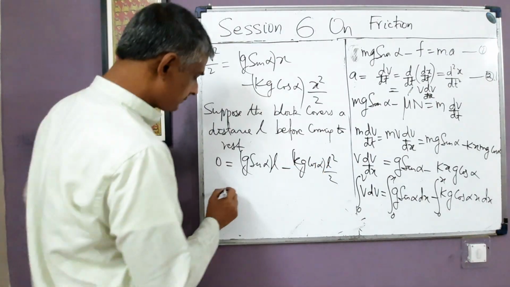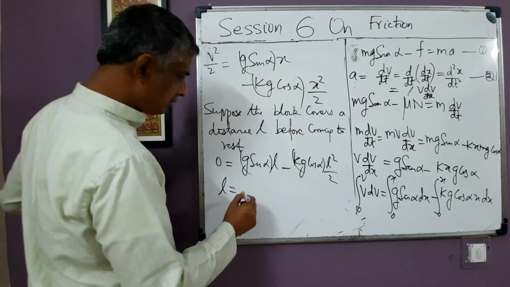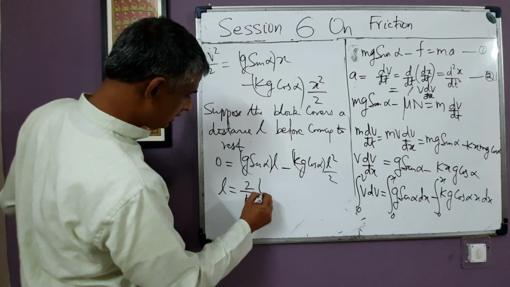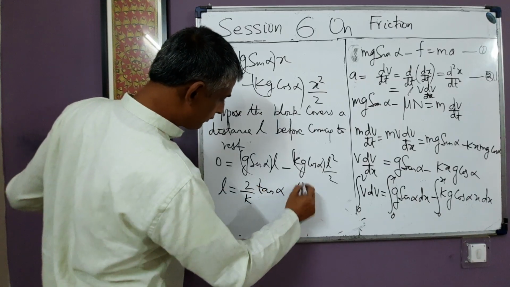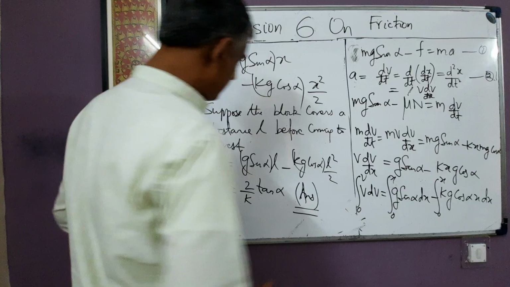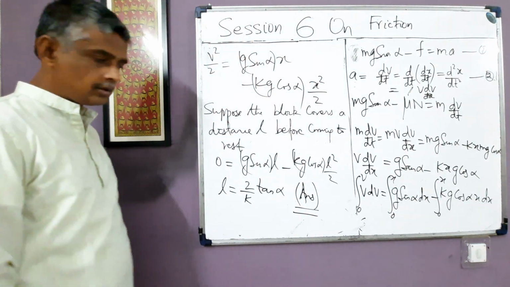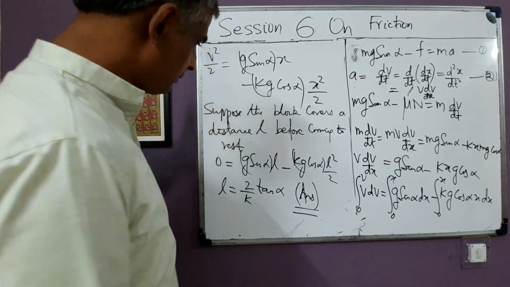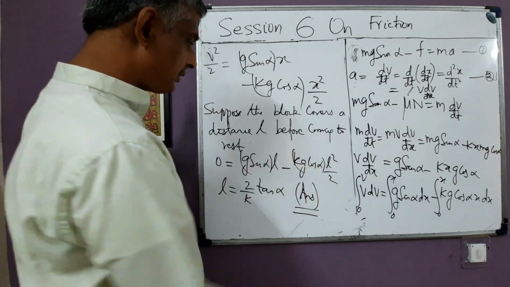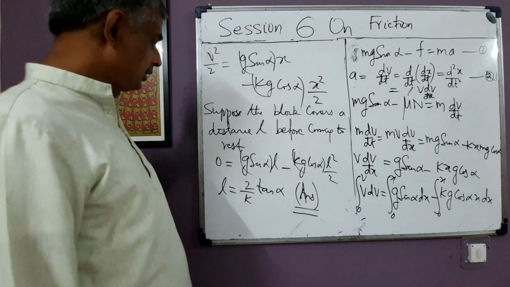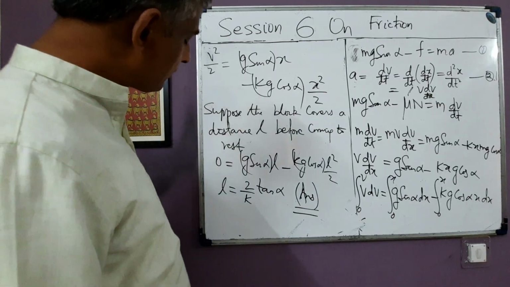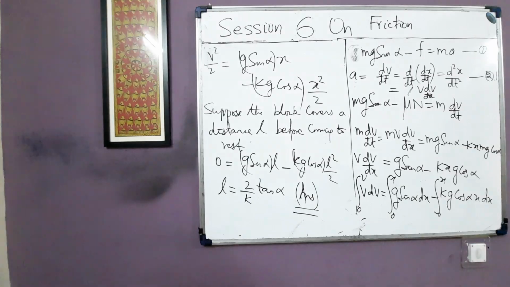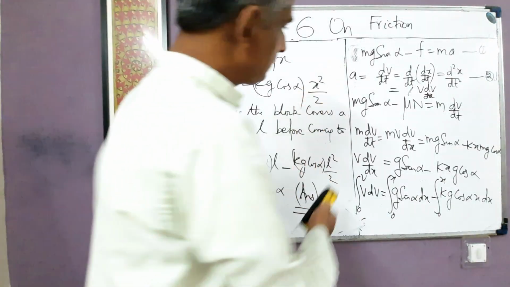Now one L goes away, g also goes away. So L becomes 2 by k tan alpha. So the total distance L covered by the block before coming to rest is 2 by k sin alpha by cos alpha, that is 2 by k tan alpha. One answer has been obtained.